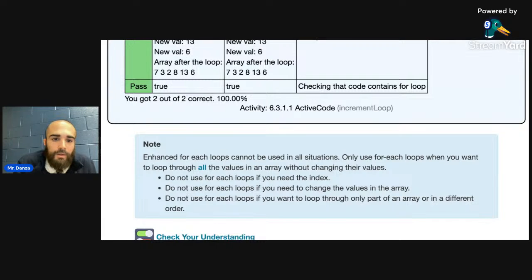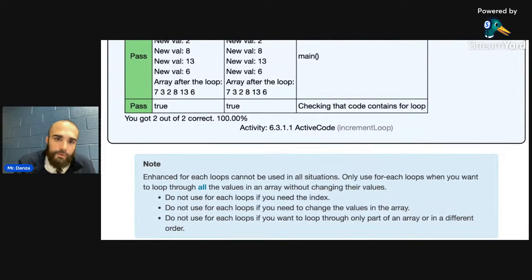Okay. Do not use for each loops if you need the index. Do not use for each loops if you need to change the values. We just found that out. Do not use for each loops if you want to loop through only part of an array or in a different order. Okay, this is for starting with the first item and looping right through it.